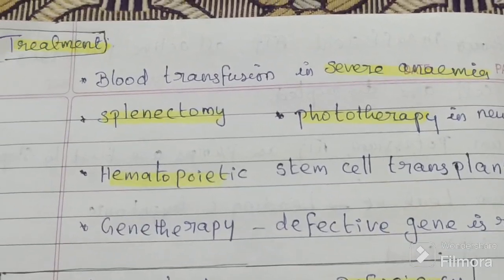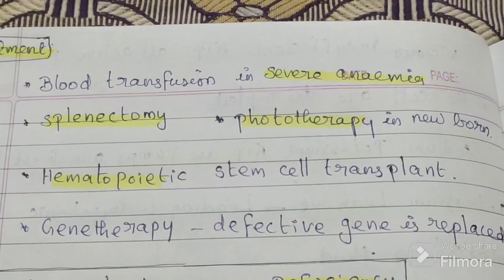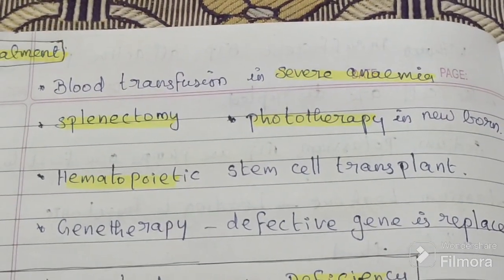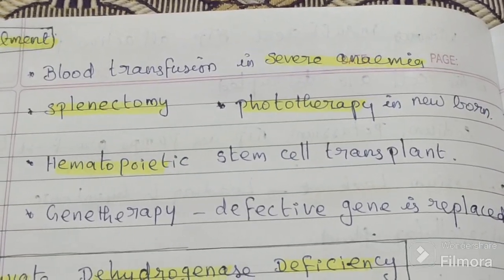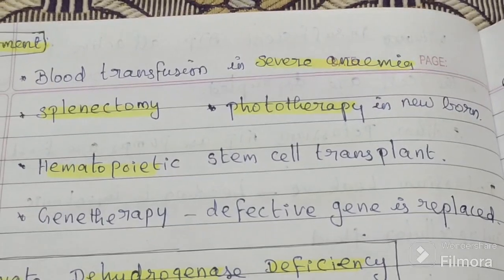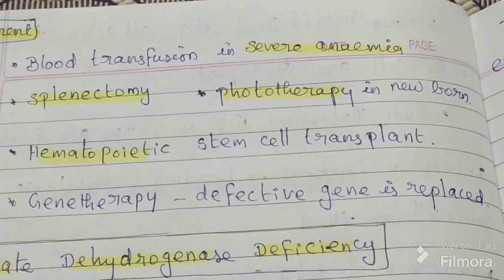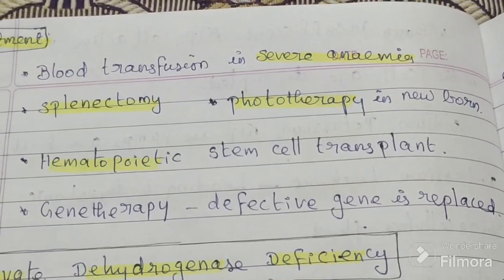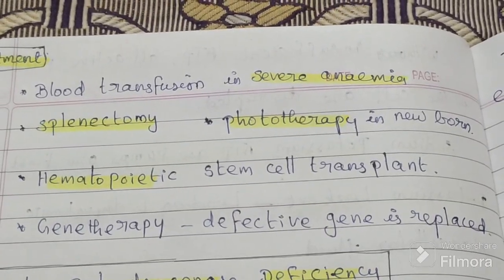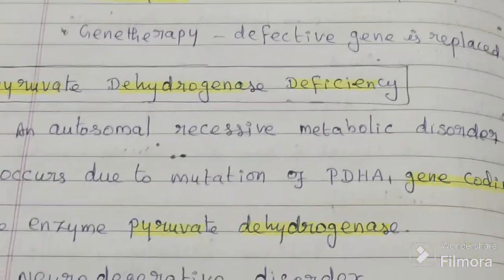In gene therapy, the defective gene is replaced with the normal gene to enable production of the active enzyme.